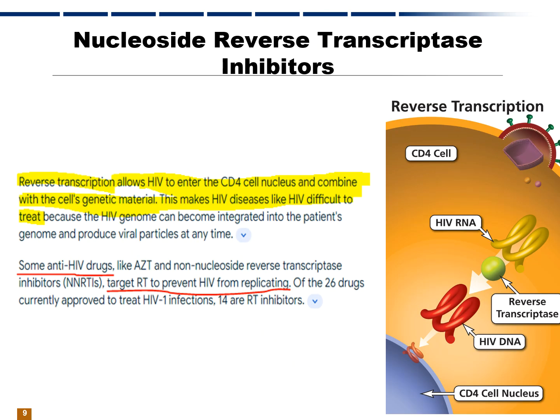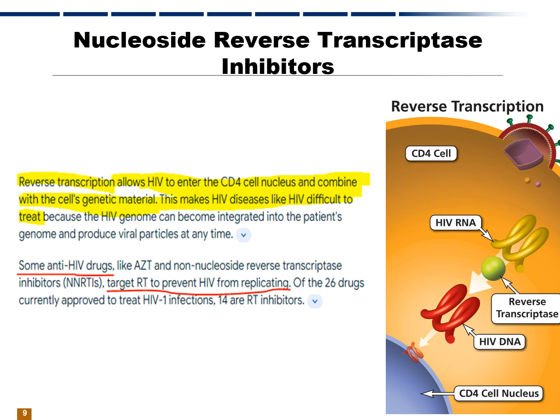So medications that are used to treat HIV have to work in some way on this reverse transcription process. The HIV virus has reverse transcription enzymes that allow it to enter the CD4 white cells and combine with the cell's genetic material. This makes the virus very difficult to treat, because the HIV genome can become integrated into the patient's genome and produce viral particles at any time.